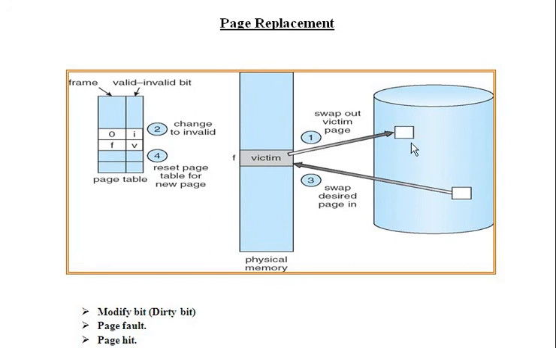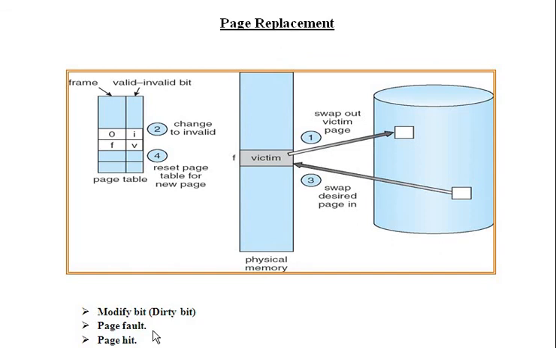If the modify bit is set to 0, the content of that page has not changed. If the content was 2 earlier and is still 2 after computation, there is no need to write it back. There are two transfers, one swapping out and one swapping in, and this can be reduced if a page has not been modified. That is the modify bit or dirty bit associated with each page, which helps increase the processing speed of the system.